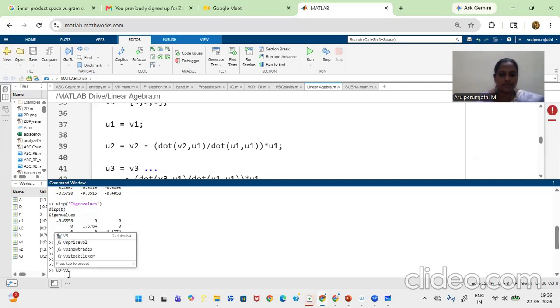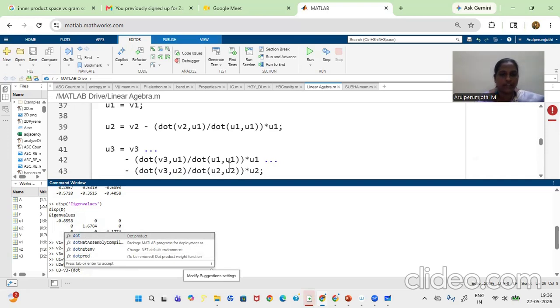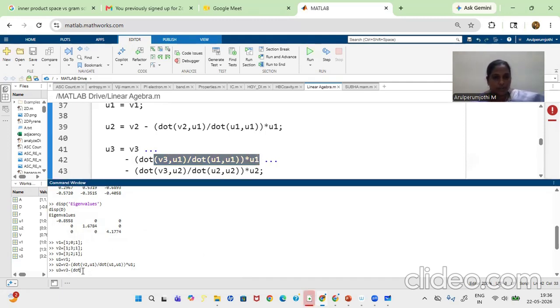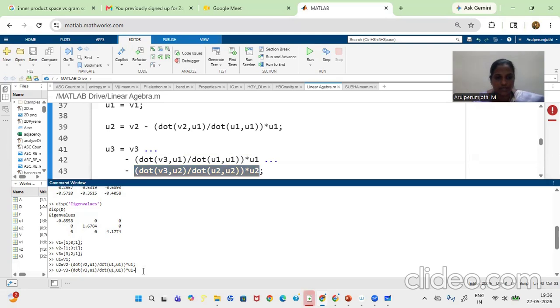It is V3 minus, open a bracket, the dot product of V3 comma U1, which is the inner product of V3 comma U1, divided by the inner product of U1 comma U1, minus the dot product of V3 comma U2, which is the inner product of V3 comma U2 divided by the inner product of U2 comma U2, into U2.